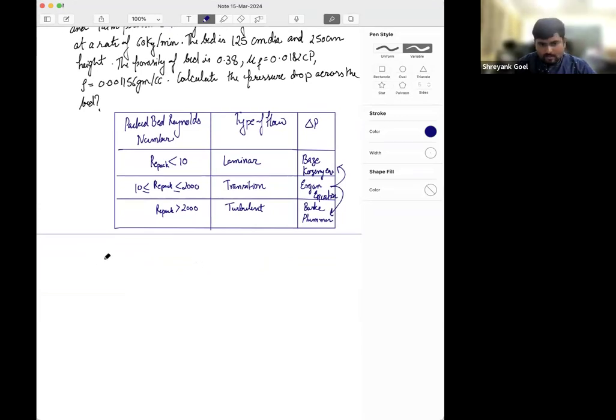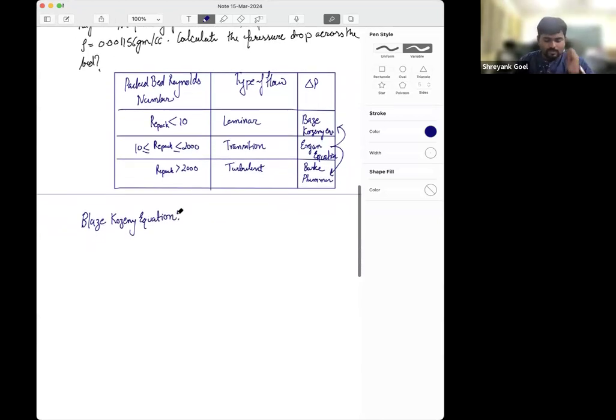So the Blake-Kozeny equation is, I think it's already discussed in the lecture, but I'm just repeating it for solving this question. So the Blake-Kozeny equation is for laminar flow.